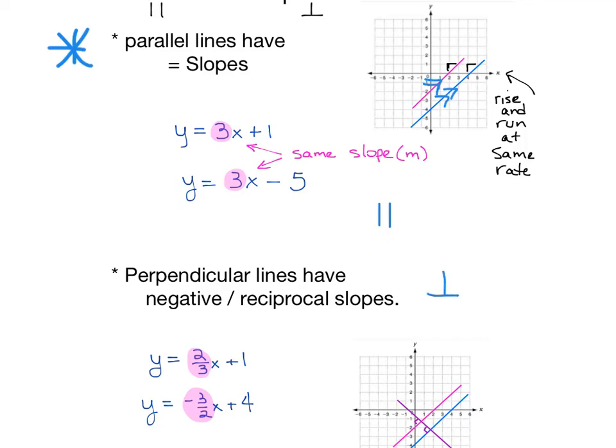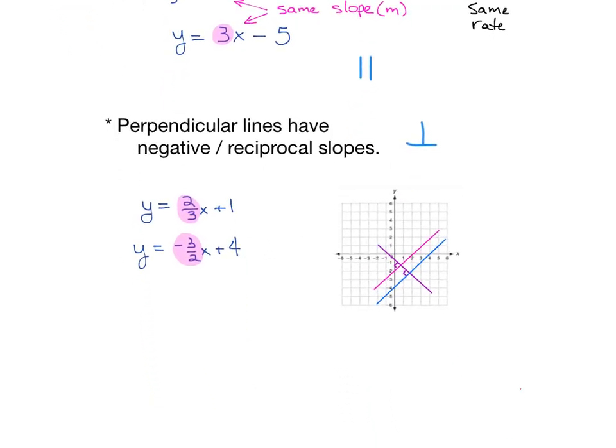So for perpendicular lines, their slopes are negative reciprocal slopes, or you might also see it as opposite reciprocal slopes, meaning one will be positive, one will be negative, and they will be reciprocal, so fractions flipped upside down. Remember, perpendicular lines, when they intersect, form right angles.